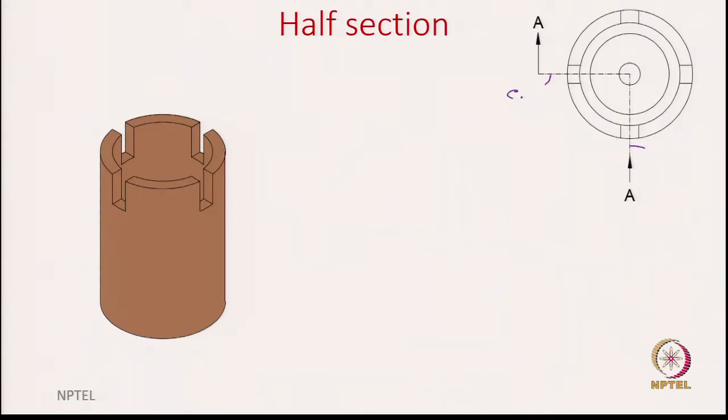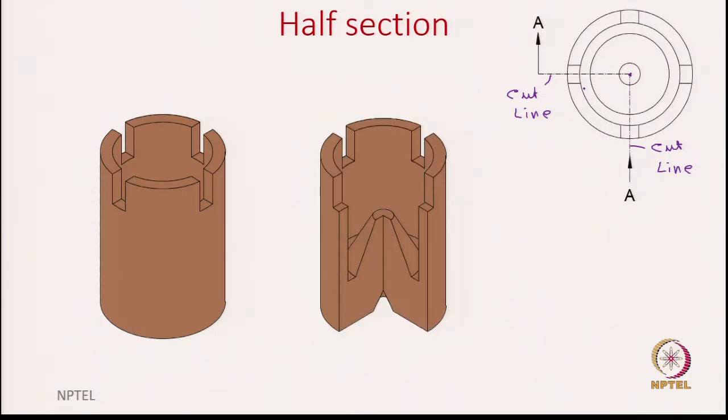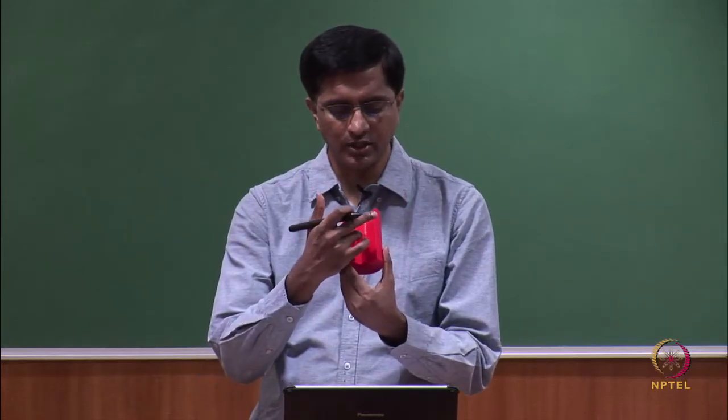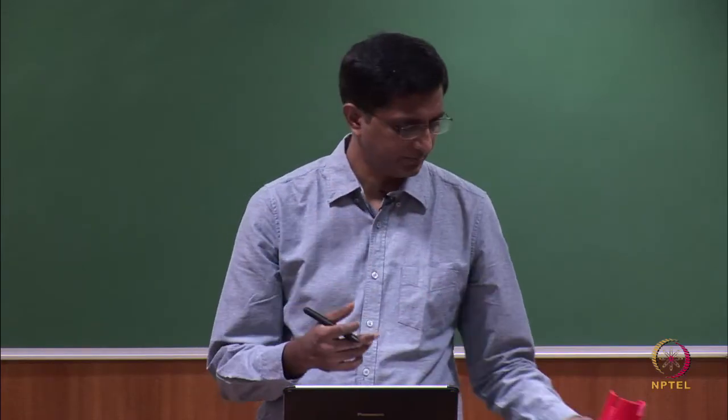So, this is one cut line and the other cut line, which are perpendicular to each other and continuous, they meet at this point. The cutting plane is perpendicular to these cut lines, and after you cut it using those cutting planes, this is the object we see, which I just showed through this 3D printed object. This is the quarter piece which we have removed.